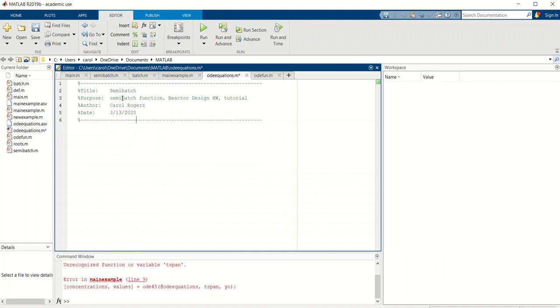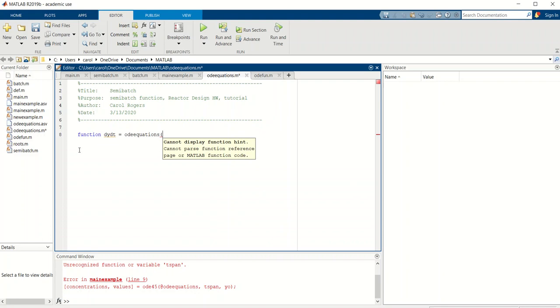There we go. That's good enough for right now. I usually go in and add stuff later, depending on the need, but while we're working through it, I'll skip through that. And then we also need to make a function to put this into. So I'm gonna call it function dy dt equals ODE equations.